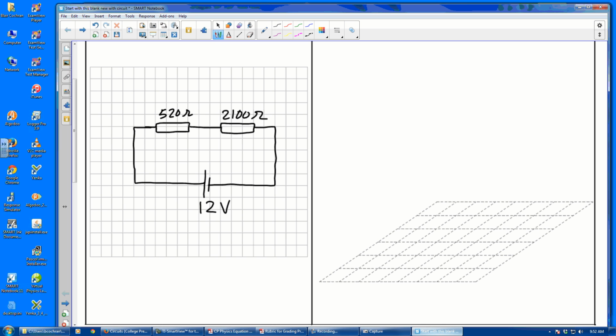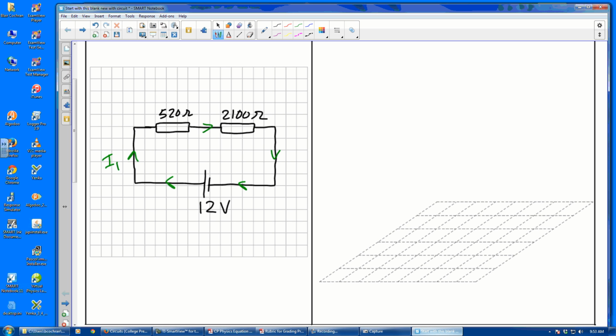Which one? Saying 1? Final answer? 1. Because how many paths are there? Yeah. So, and it goes around in this direction. Clockwise, because it goes from positive to negative.